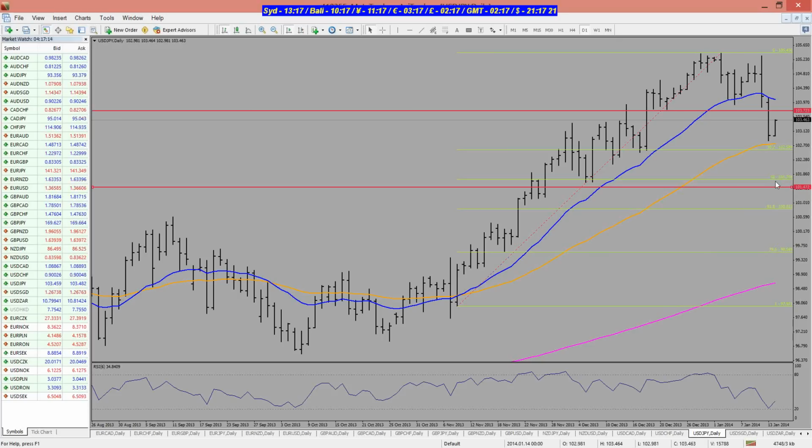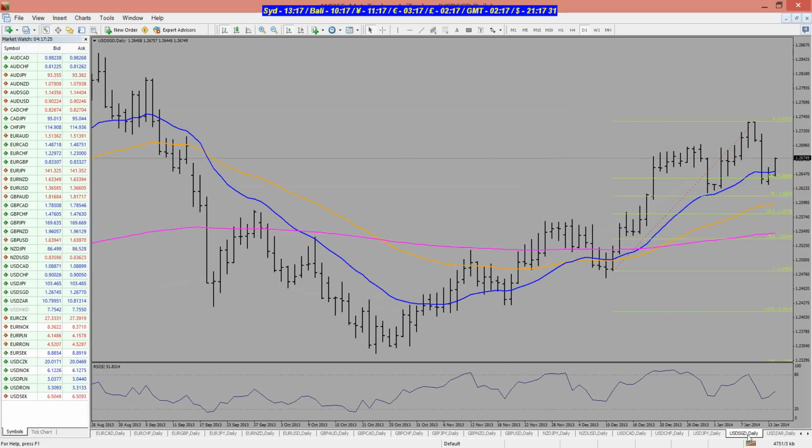I prefer bouncing off here, but it might just bounce off that 50 again. If Wednesday's a decent buying day, Thursday could be the trade day. This one's already looks like it's moving back into a new one.